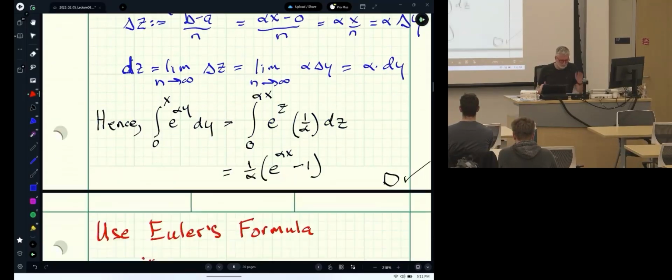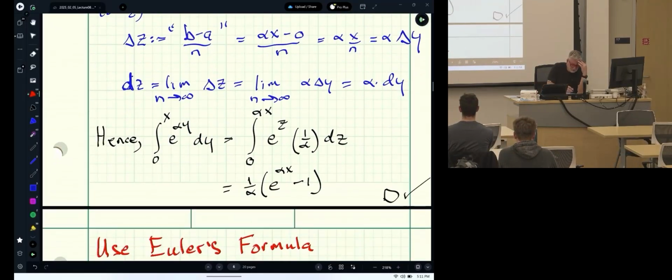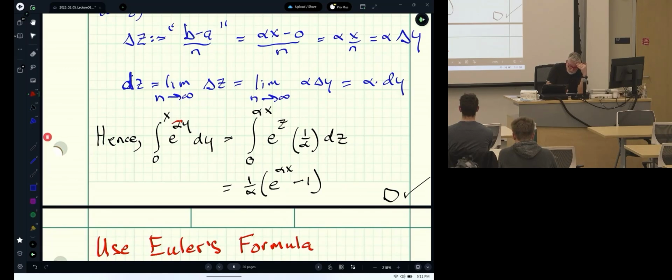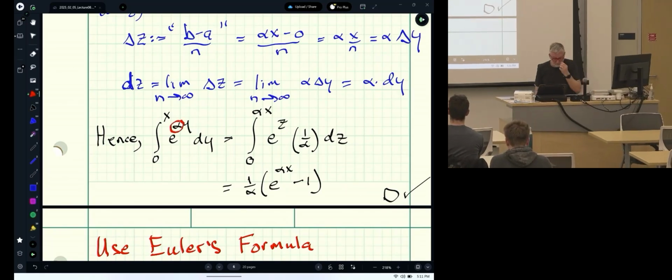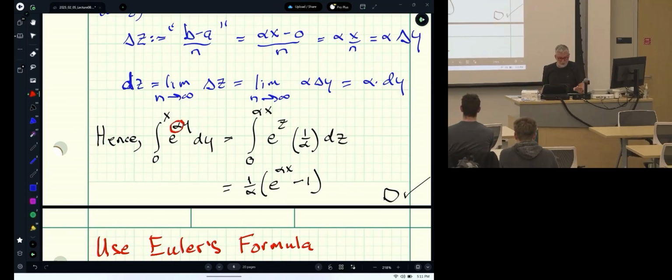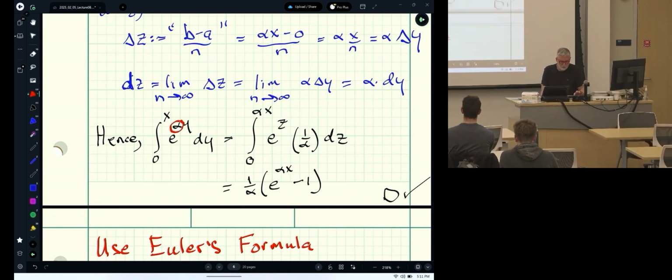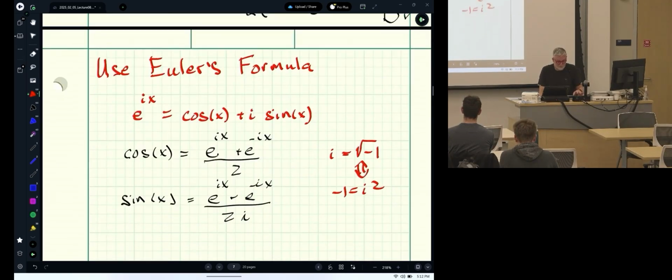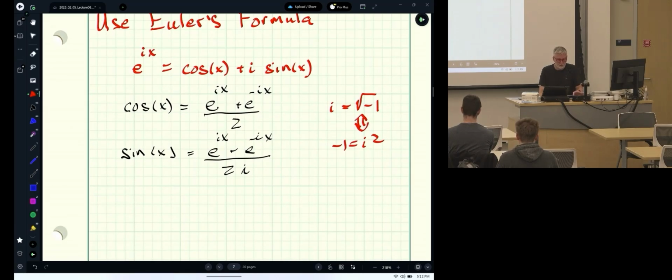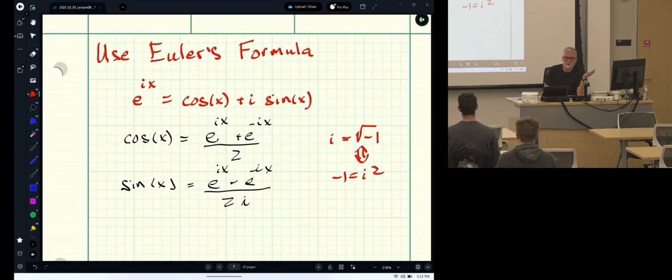It's done in the book if you're interested, but you can redo this last calculation and allow alpha to be not a number in the reals, but a non-zero complex number. And then from that, you get the integral formulas for sine and cosine from the exponential. You don't have to redo all of the lower sums, upper sums, etc.